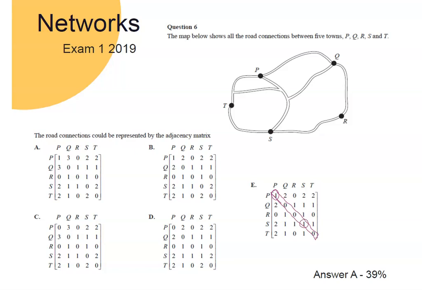Okay, so let's see if there are actually any loops in this graph. And a loop would be, I could leave a town and return to it without passing through any other town at all. So if I take P as the example, I can leave town P, drive around and back in without passing through any other town.